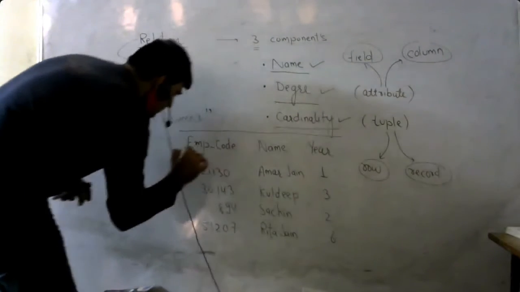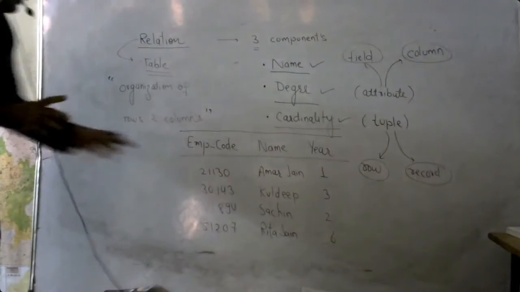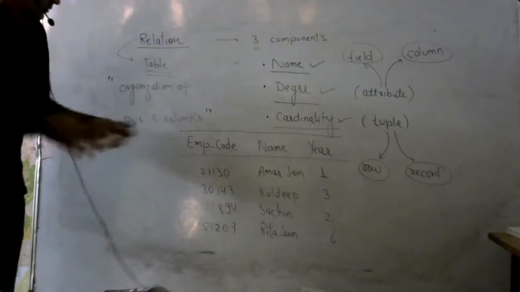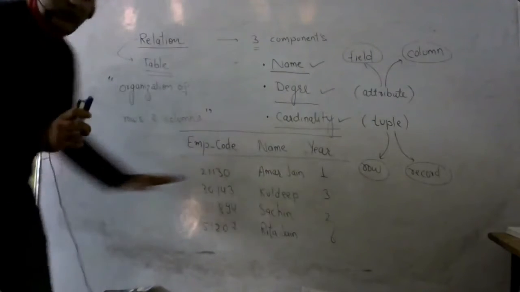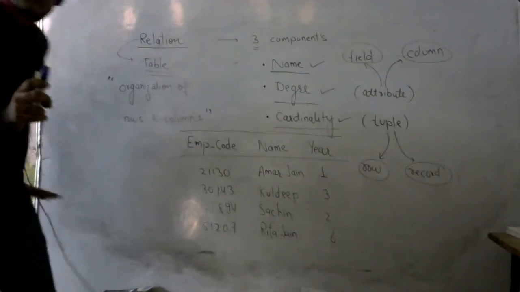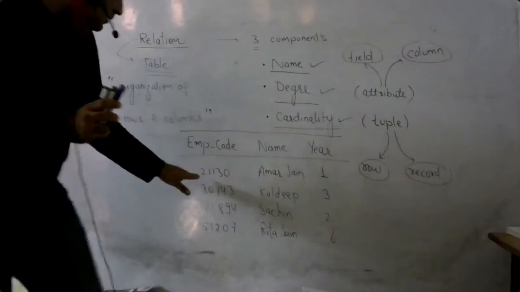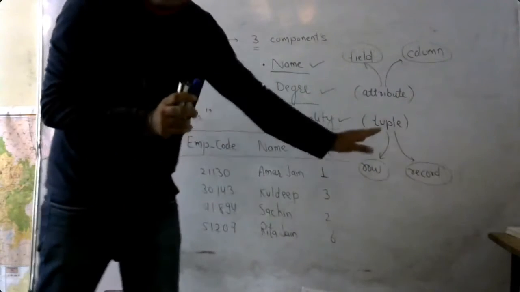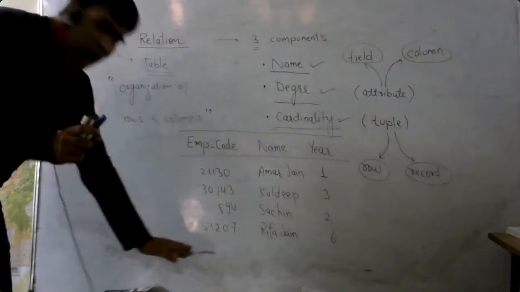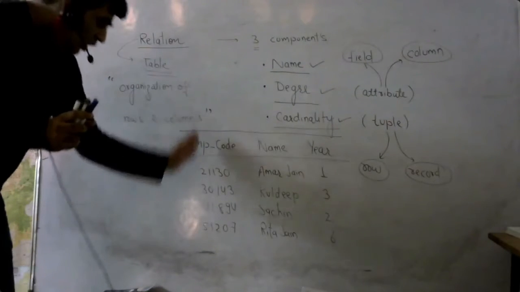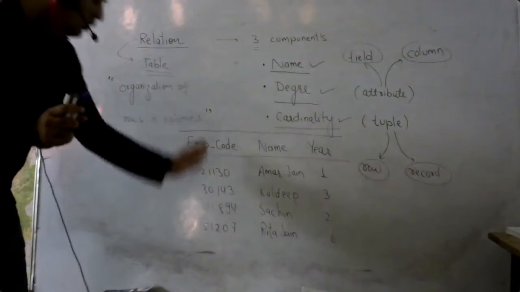I have created here a relation. You can see the relation. The relation has rows and columns. When we move from left to right, horizontally, that is a row, meaning record, meaning tuple. And when we move from top to bottom, it's a field, attribute, or column.